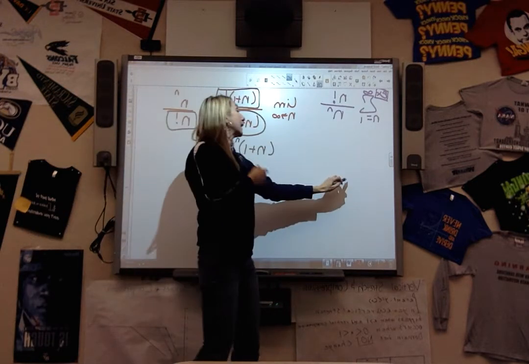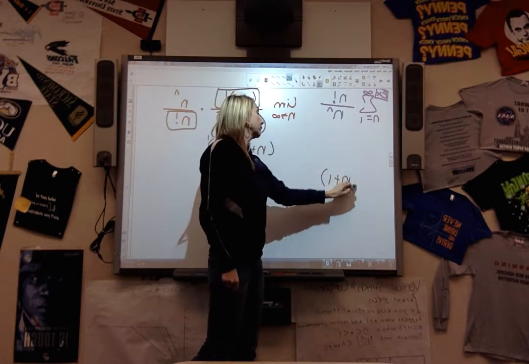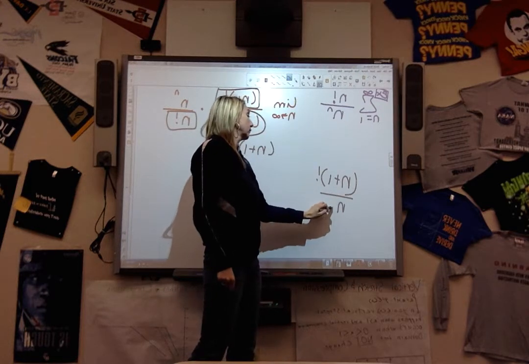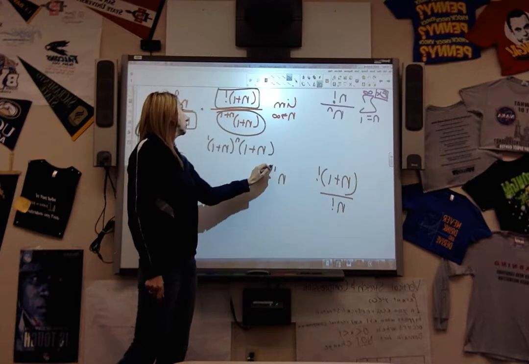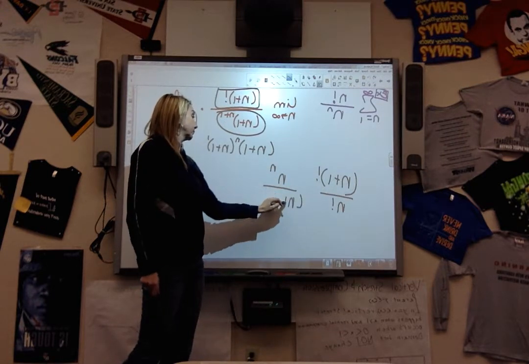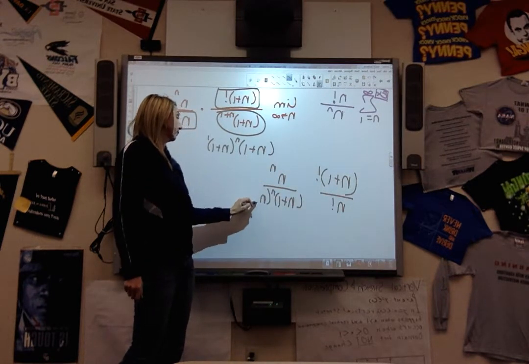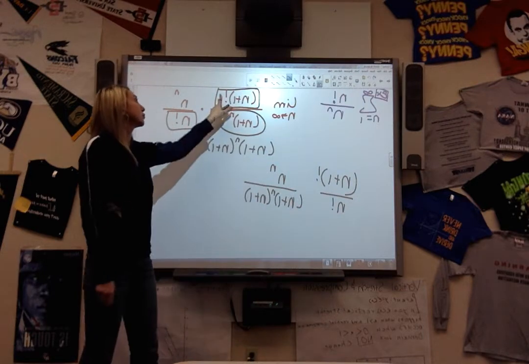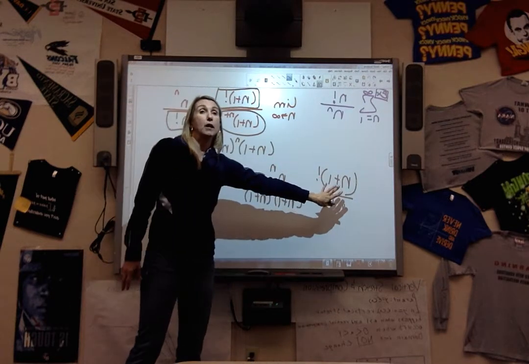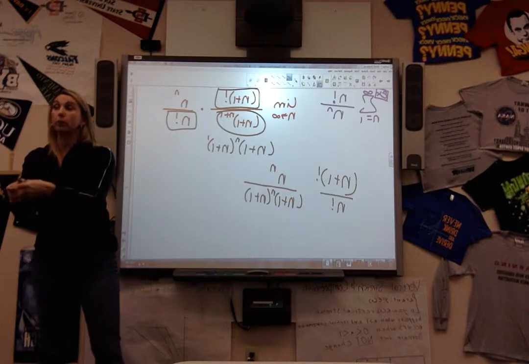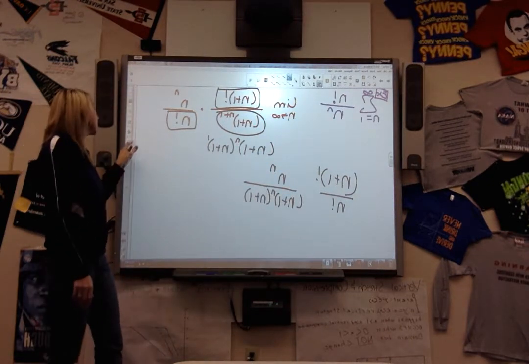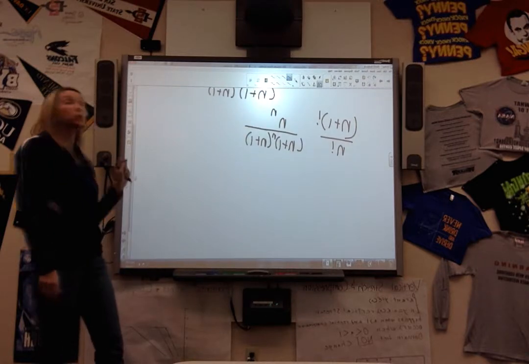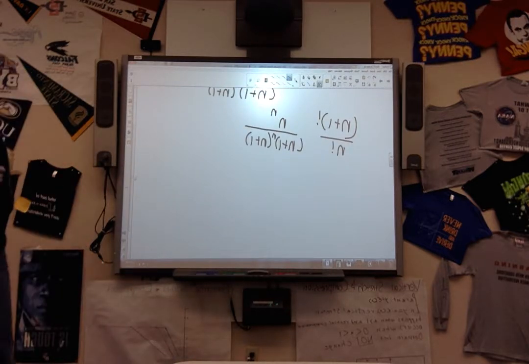I'm just rewriting, I haven't done anything yet. All I did is group the factorial stuff into one fraction so I can do that reducing as one piece, and then I grouped the stuff that had the exponents in my other. There are really good algebra things that happen.